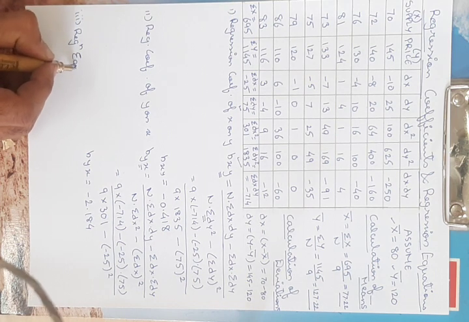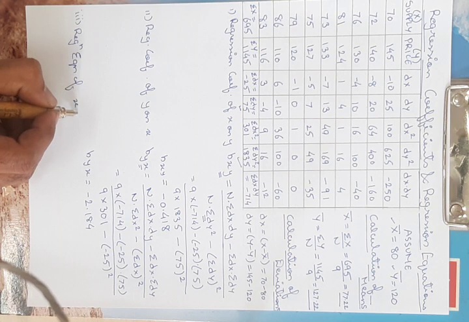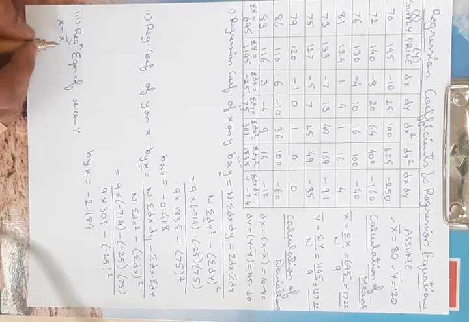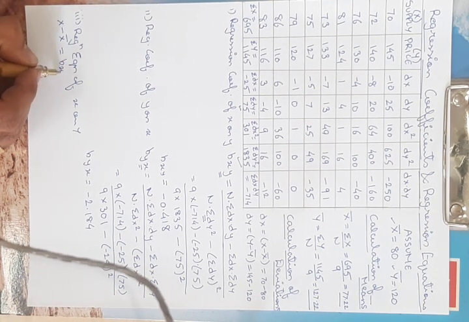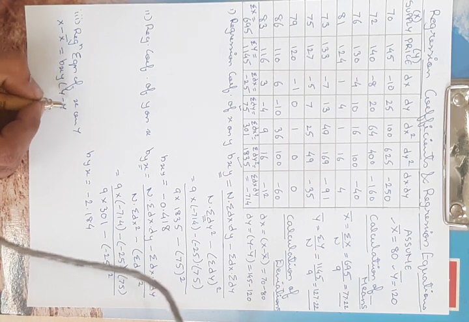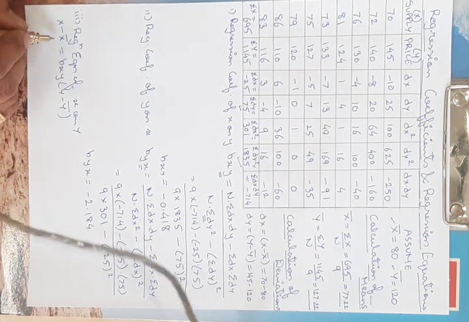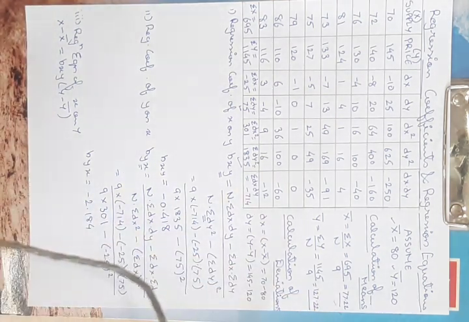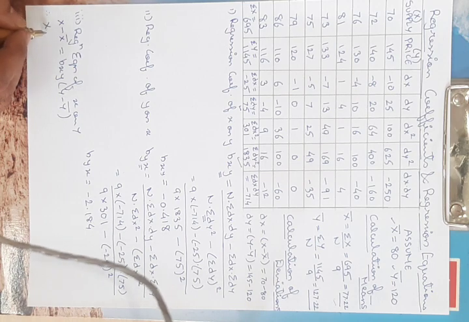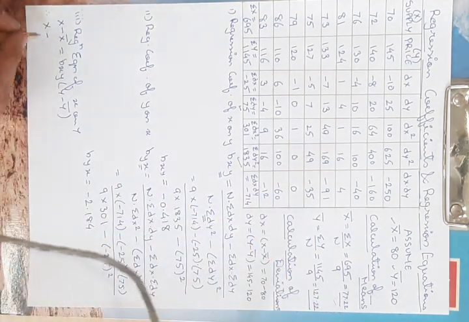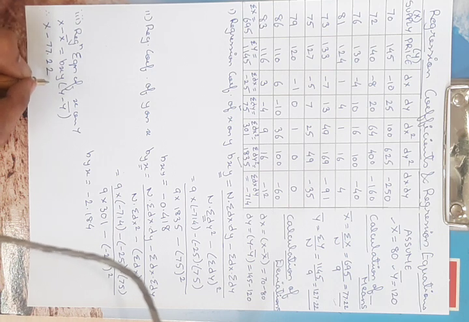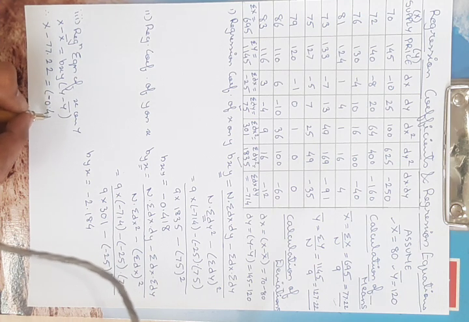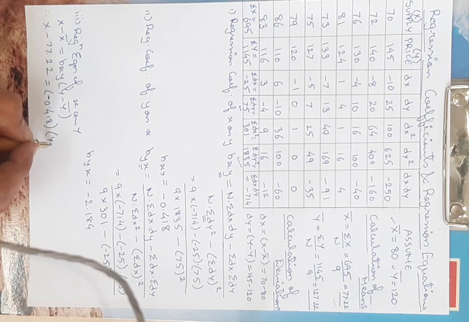Now, friends, the third thing is we need to calculate the regression equation of x on y, which is given by the formula x minus x bar is equal to bxy into bracket y minus y bar. Here the value of x bar, that is mean of x, and y bar, that is mean of y, we are going to take from the calculated values. So x minus x bar, which is 77.22, is equal to bxy, which is 0.418, into bracket y minus y bar.